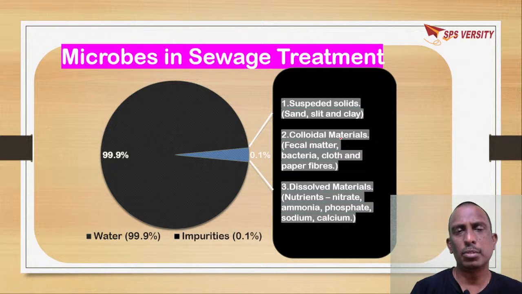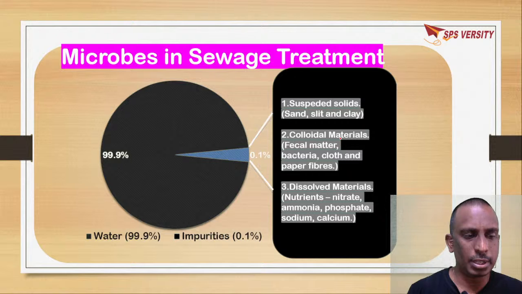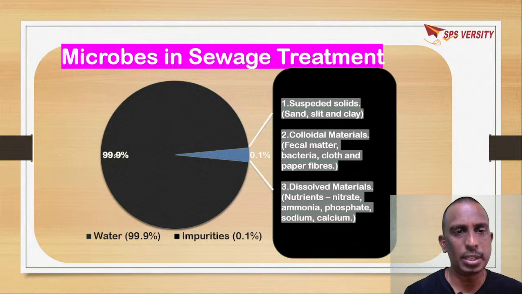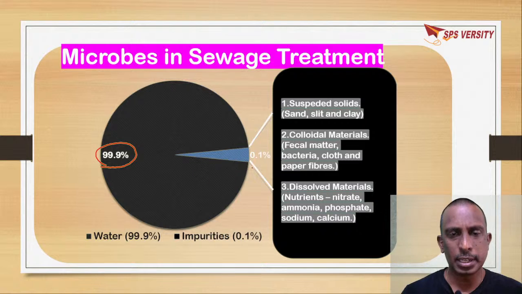Now we are going to discuss microbes in sewage treatment. When you take sewage, 99.9% of it is water, and the impurities consist of only 0.1%.